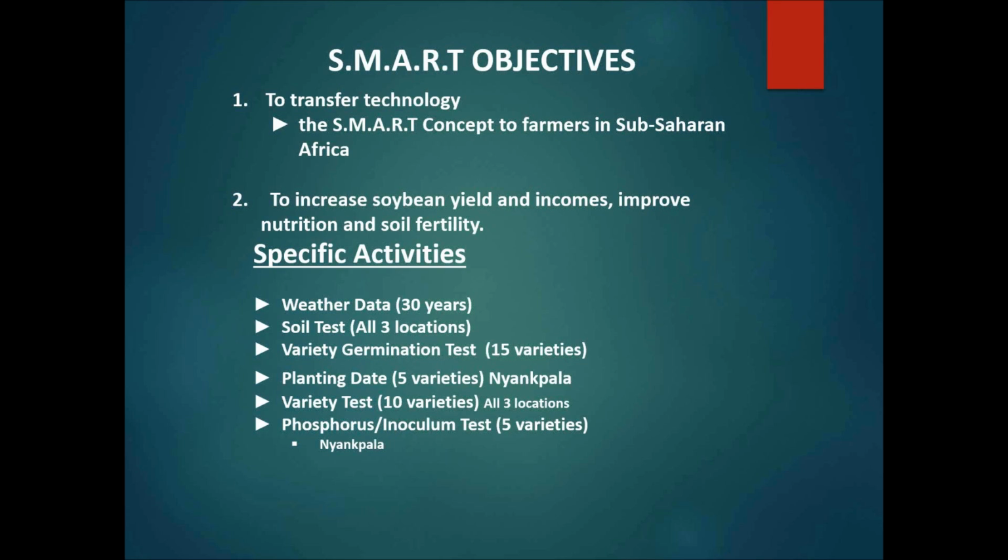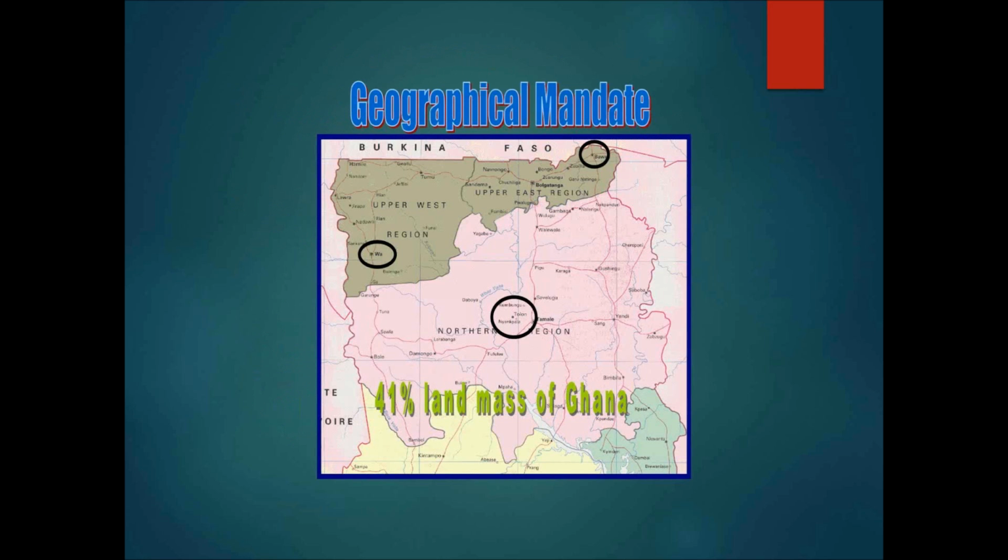Then we had a variety trial in 3 locations, Wa, Bolga, and Tamale. Bolga is 11 degrees north latitude, and then we also had a phosphorus inoculum test with 5 varieties.